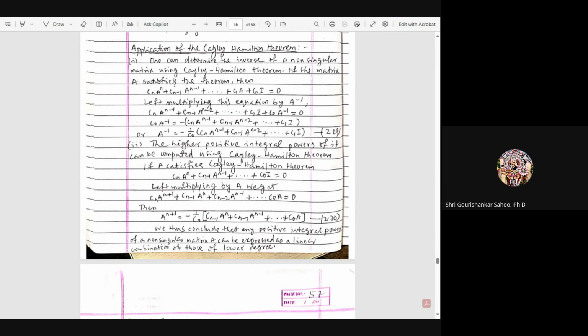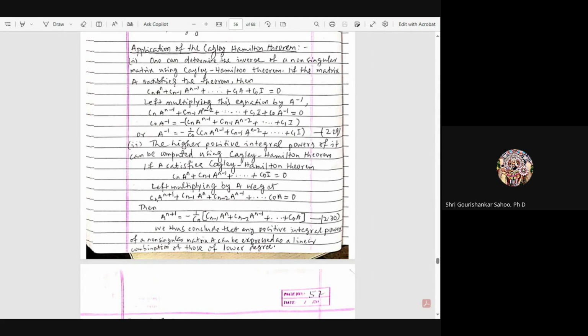Left multiplying this equation by A inverse, you have Cn A to the power n minus 1 plus Cn minus 1 A to the power n minus 2, plus and so forth, plus C1 I. So A inverse is equal to minus 1 by C0 multiplied by Cn A to the power n minus 1 plus Cn minus 1 A to the power n minus 2 plus and so forth, plus C1 I.